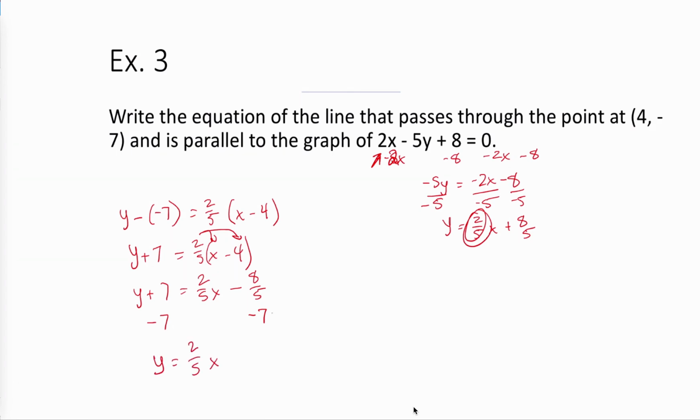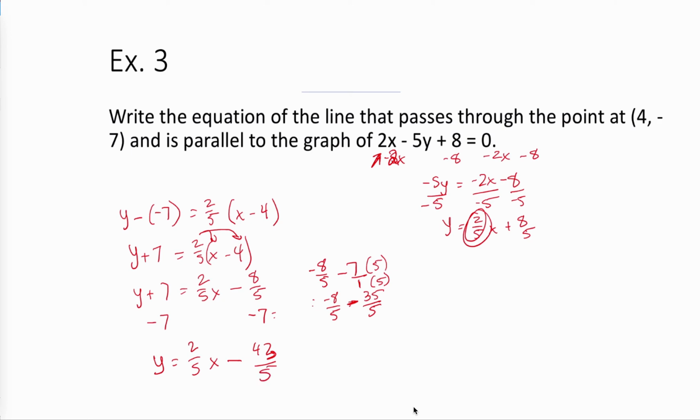Now, in order to do negative 8/5 minus 7, we're going to have to get a common denominator, which in this case is going to be 5. So multiply by 5 over 5, which would be 35 over 5. And that would be 43 over 5.